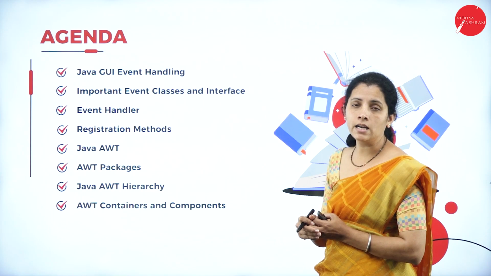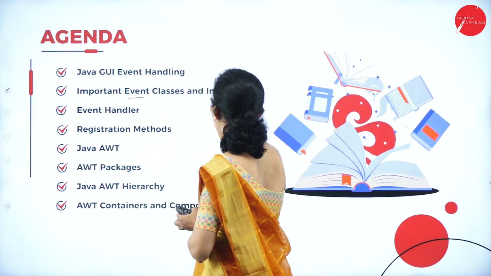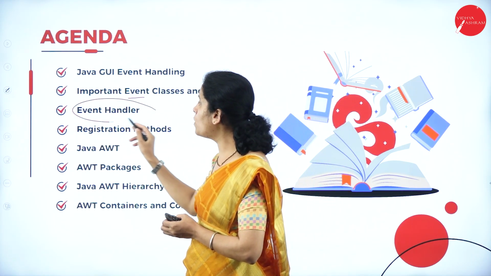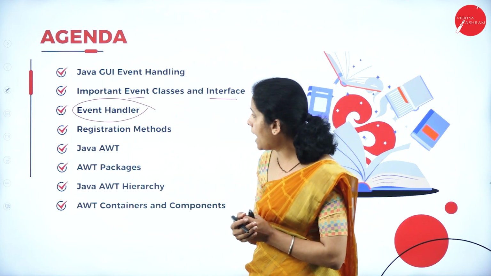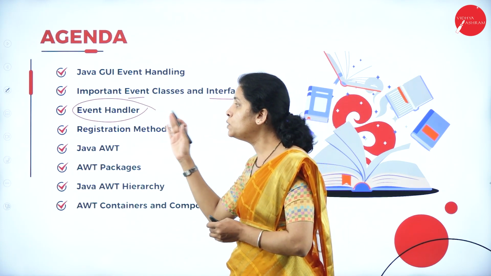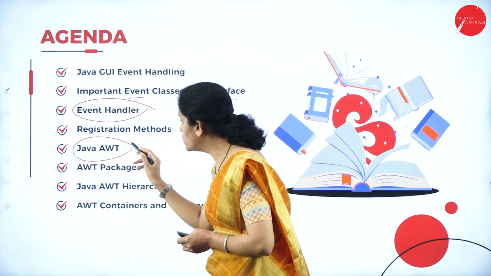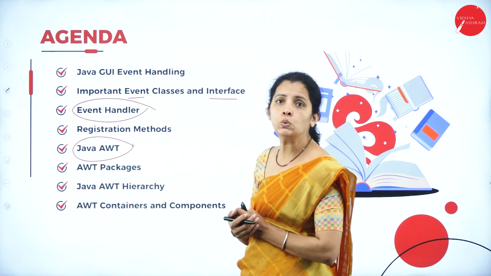Along with that, I'm going to discuss event classes and interfaces. In that, I'm going to discuss what are the different kinds of event handlers we are going to have in Java, how to register methods. Along with that, I'm going to deal with Java Abstract Windows Toolkit.